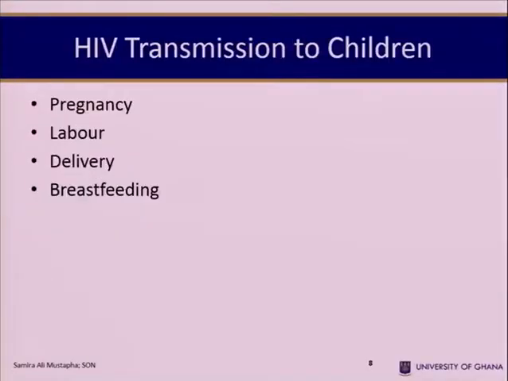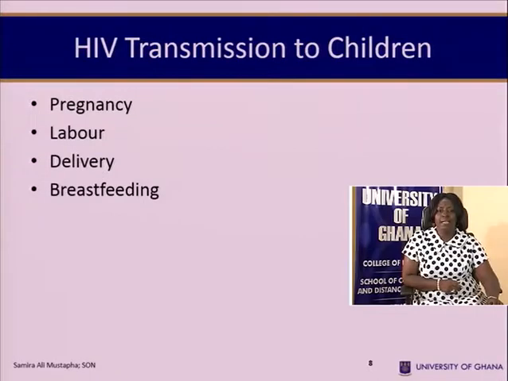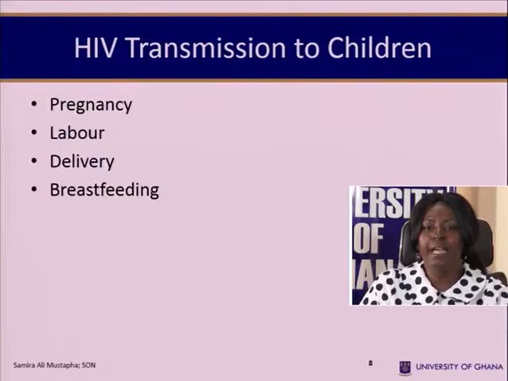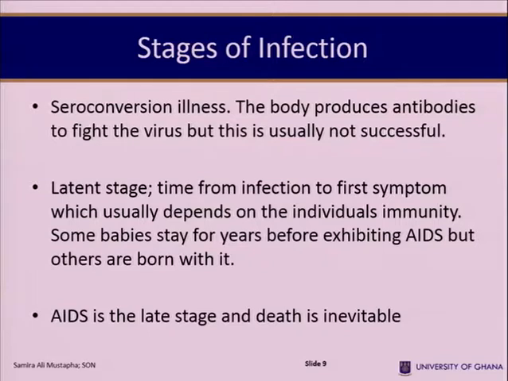Also, I have said already that the transmission can occur during pregnancy, labor, delivery, and breastfeeding. So it's also very important that we note that the mother can have the infection at the latent phase, which is the first symptom that the newborn may exhibit.